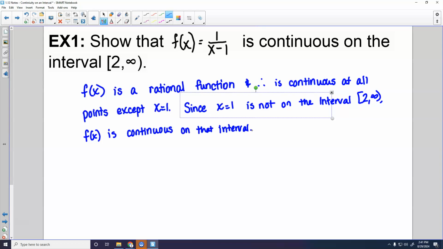So essentially we're saying we know these functions are continuous except for these points. That point's not on this interval, so it's continuous everywhere else.